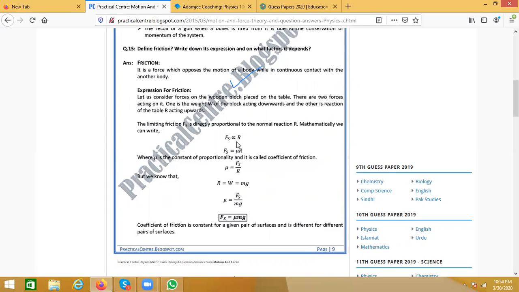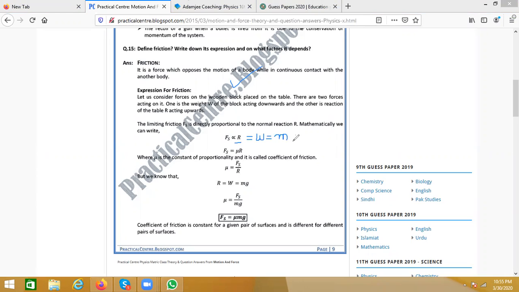It is directly proportional to R. What is R here in the relation? It is representing the normal reaction force, and this is equal to weight. This R, normal reaction force, is always equal to weight, and this weight is equal to mg, right?